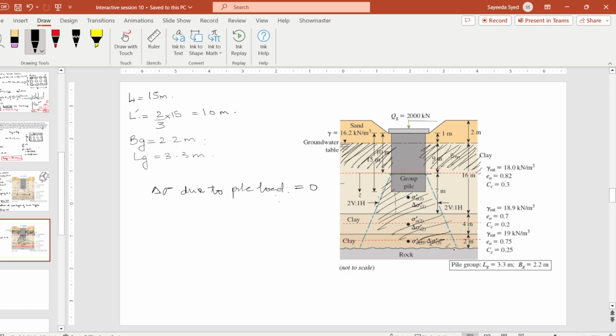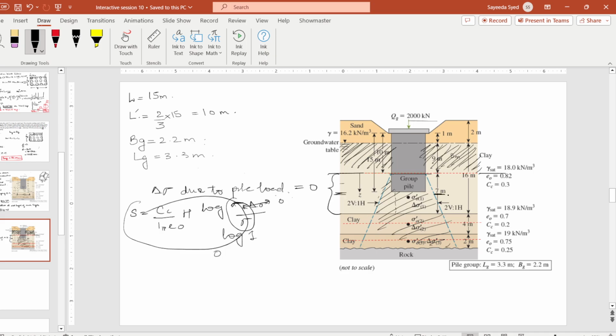So we will ignore this part and we will assume that this clay layer is starting from here, and the midpoint will be 7 by 2, it will be 3.5. Okay, so let's proceed with the question. I hope this is clear.